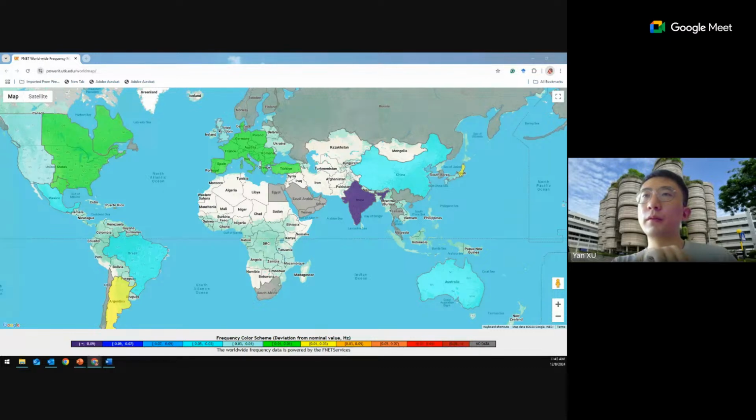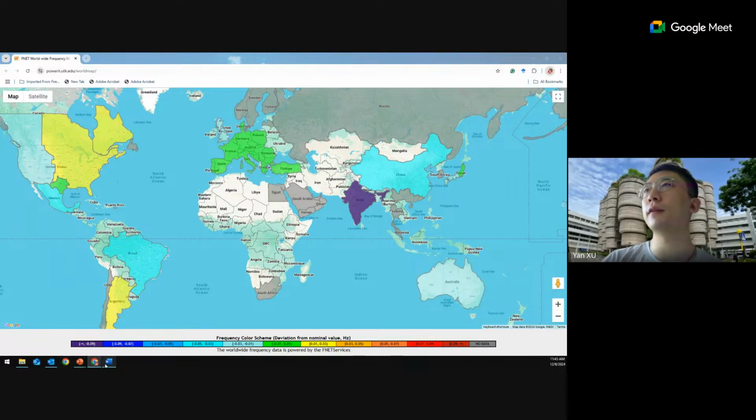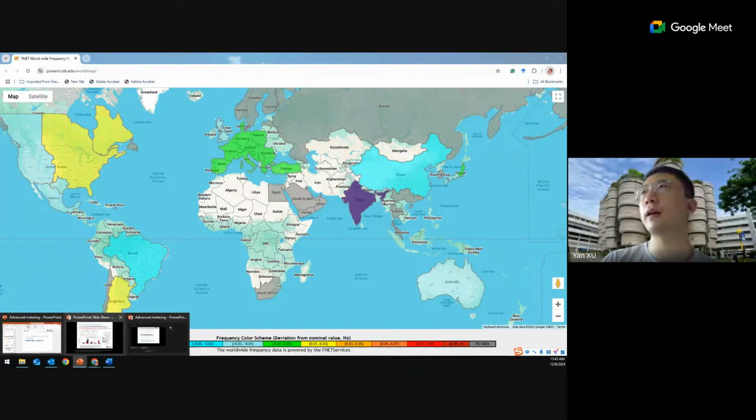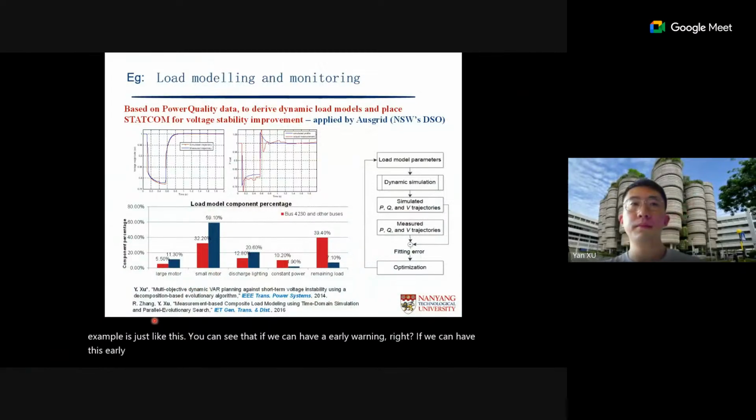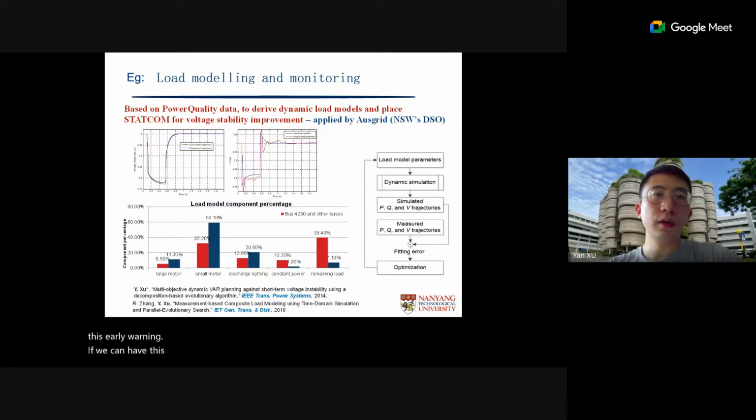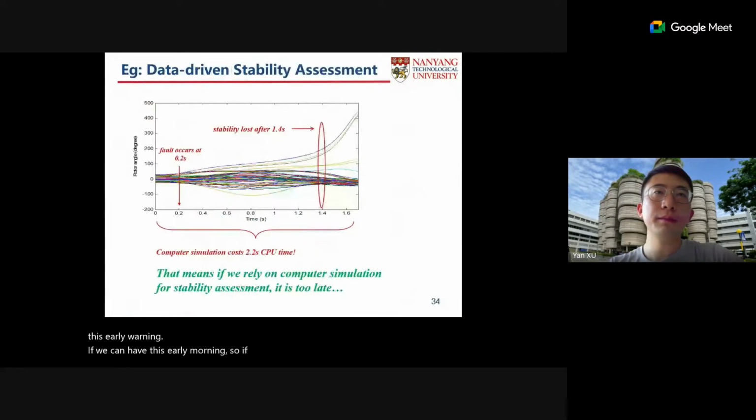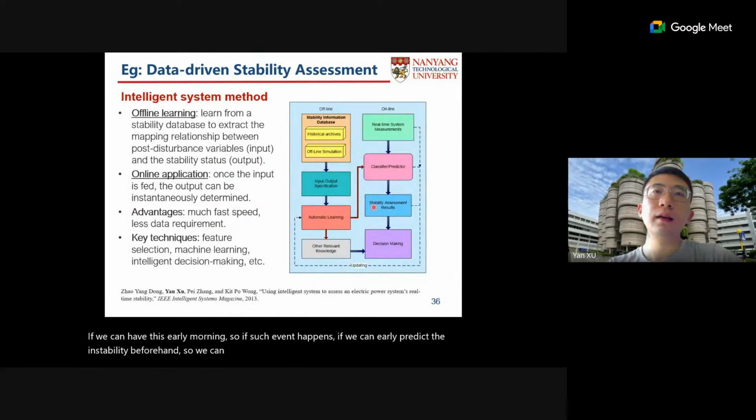How can we integrate PMU into the grid to help prevent blackouts? The real world example is just like this. If we can have an early warning, if such an event happens and we can predict the instability beforehand, we can immediately take control actions.